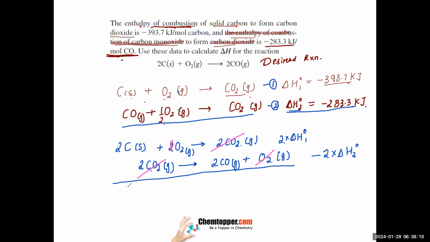Write down what is left: 2 carbon solid plus O2 gas, giving you 2CO gas. And that's the desired equation. Yes, good.